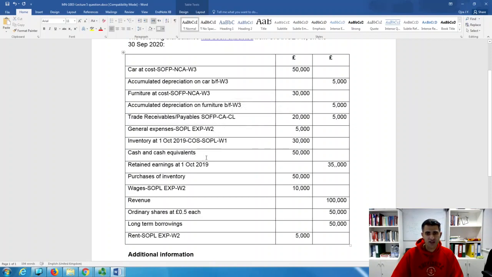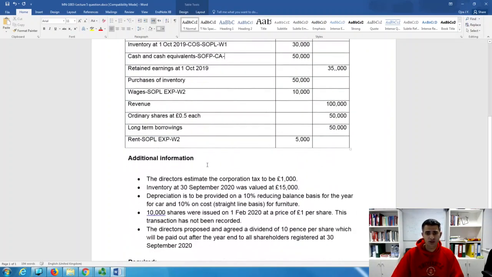Cash and cash equivalents, again guys, it depends. Here, cash and cash equivalents, as you see, is on the debit side. It's recorded on the debit side. This means it's money in, isn't it? So it should be recorded under current assets in the statement of financial position. So we need to do workings for cash. Why do we need to do workings for cash?